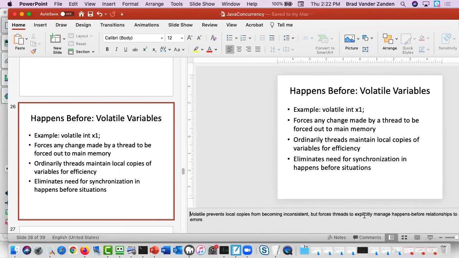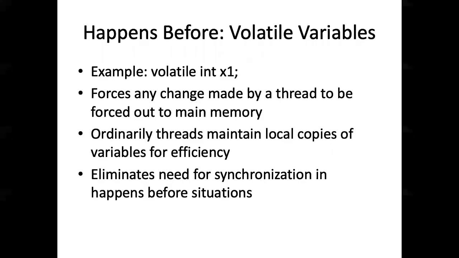So it certainly guarantees that if A has written to that variable X, B will see the result. But there's no guarantee, unless A and B are coordinating their actions, that B will execute its write after A executes its read.